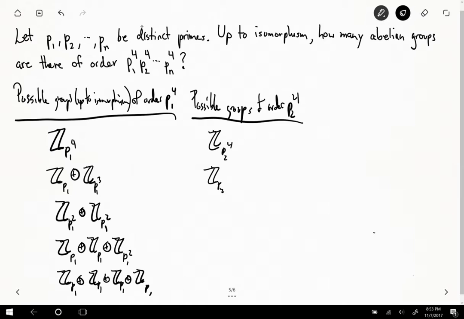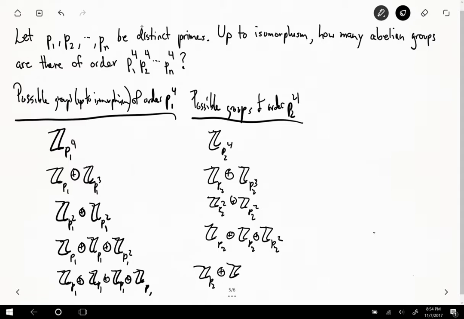We can do the same thing: Z of p2 direct product with Z of p2 cubed, Z of p2 squared direct product with Z of p2 squared, then Z of p2 direct product with Z of p2 direct product with Z of p2 squared, and then finally Z of p2 direct product with another Z of p2 direct product with another Z of p2 direct product with another Z of p2. I should be saying p sub 2.